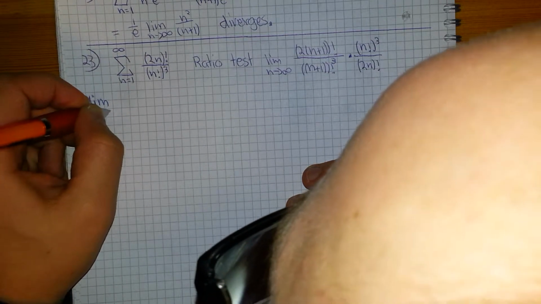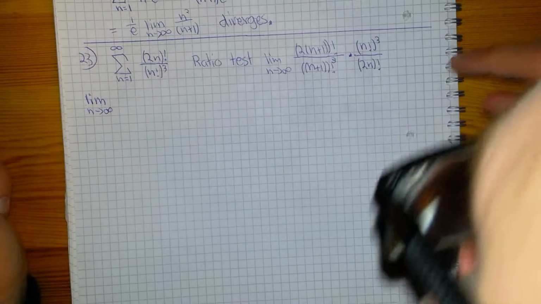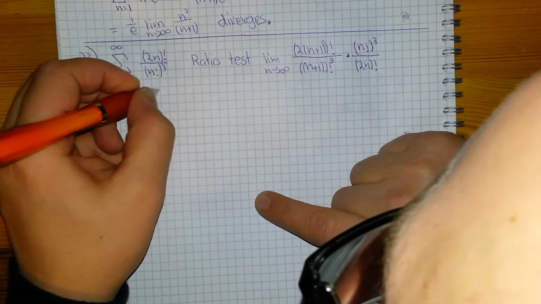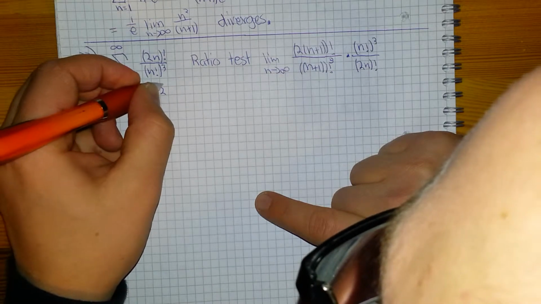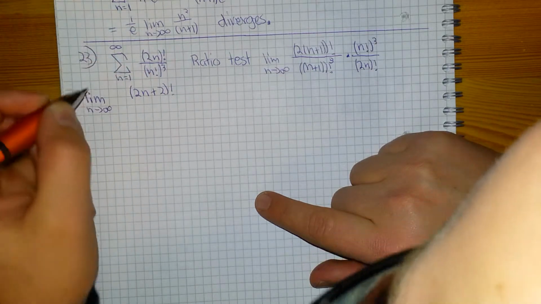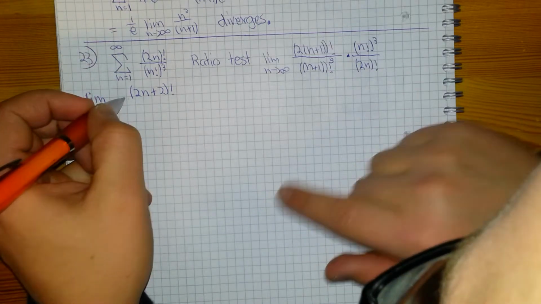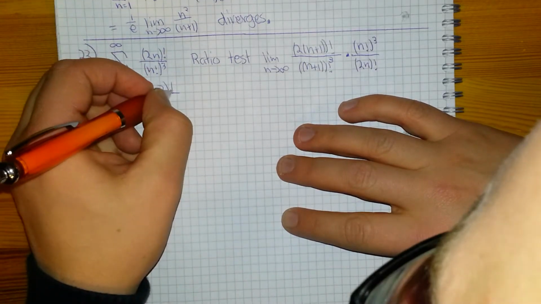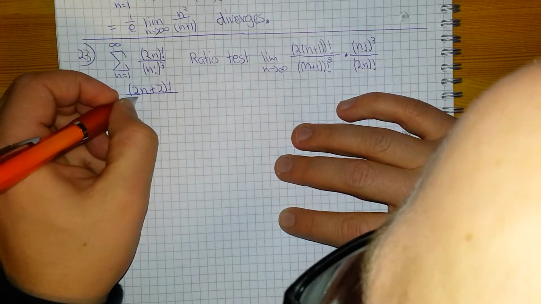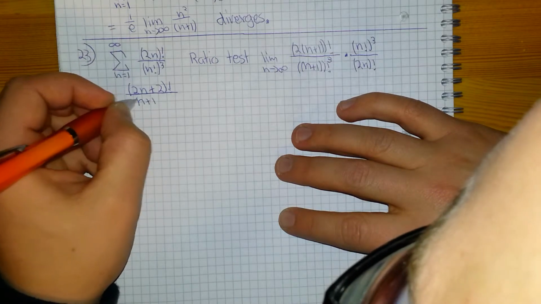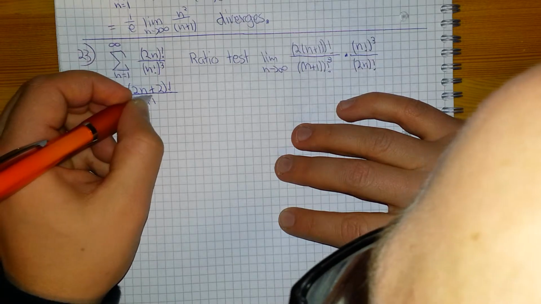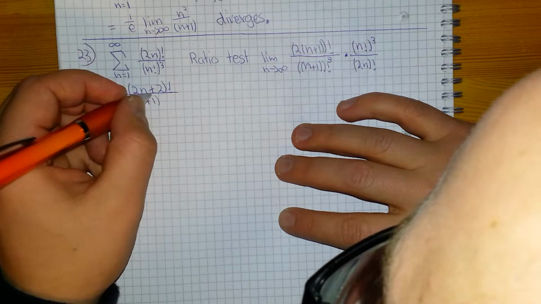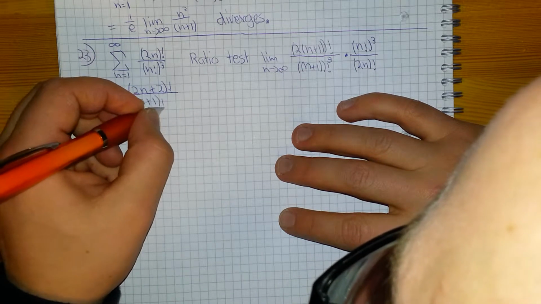So the limit as n goes to infinity of 2n plus 2 factorial, divided by n plus 1 factorial.